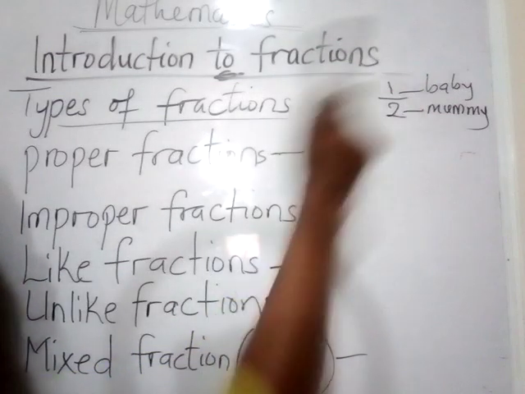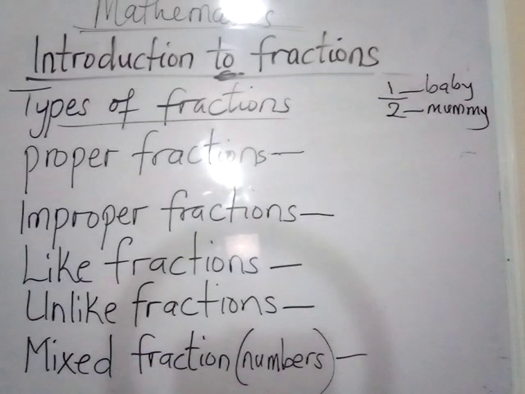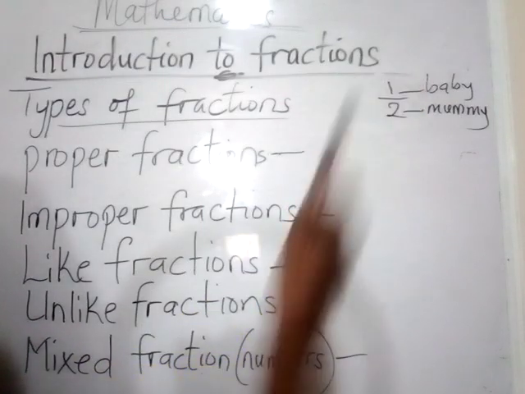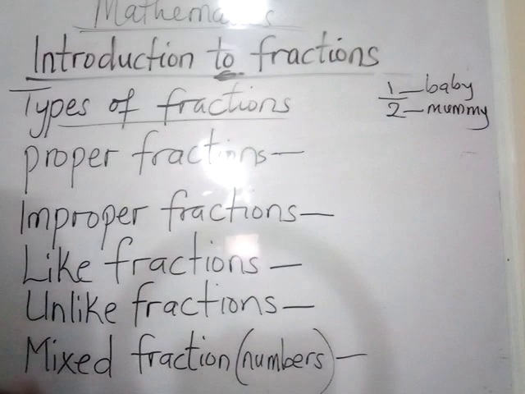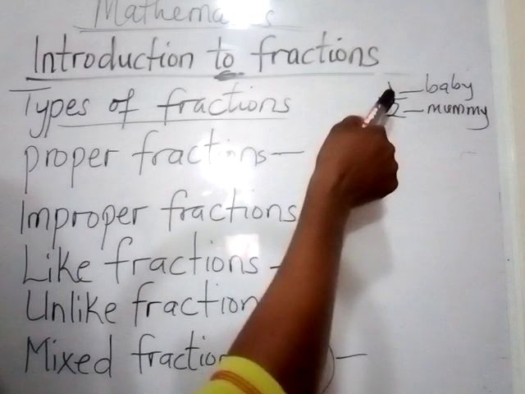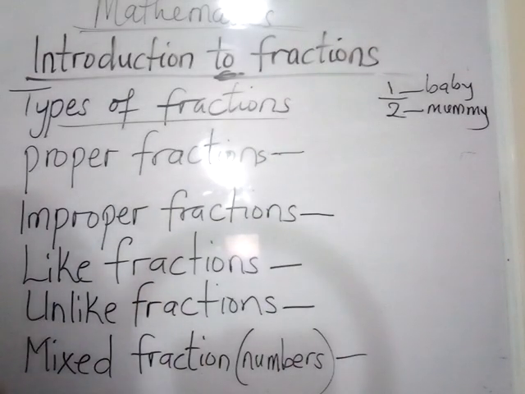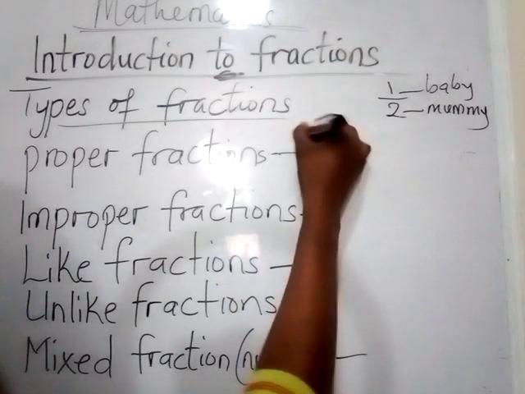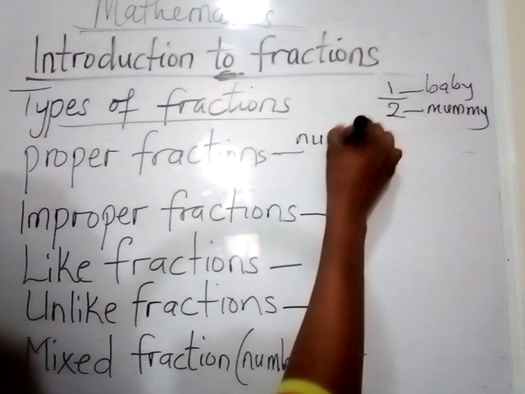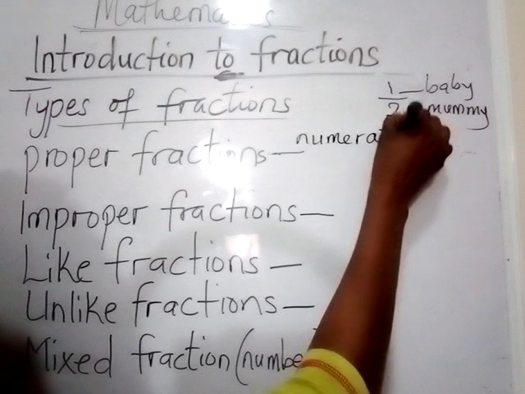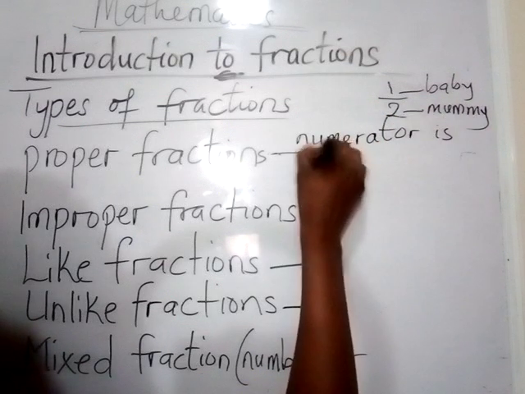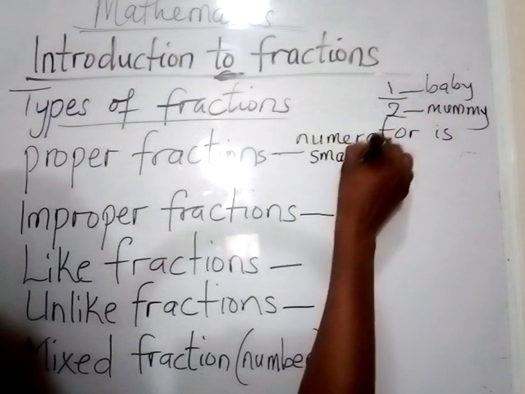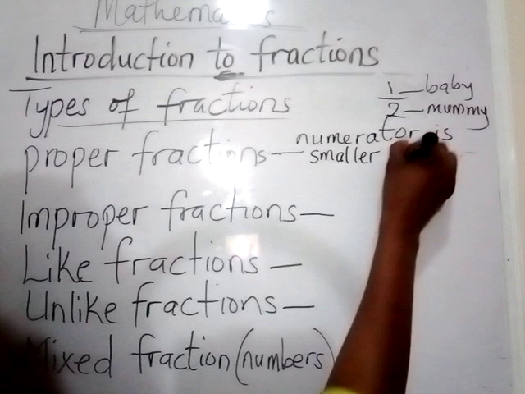So mommy should carry baby. So the denominator is the mommy and the numerator is the baby. And when it's this way, it is the correct order. When it is this way, it is proper. So proper fraction is when the numerator is smaller than the denominator.